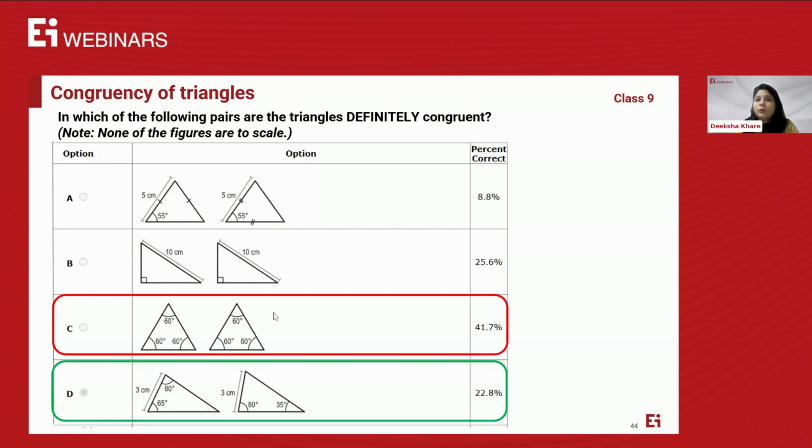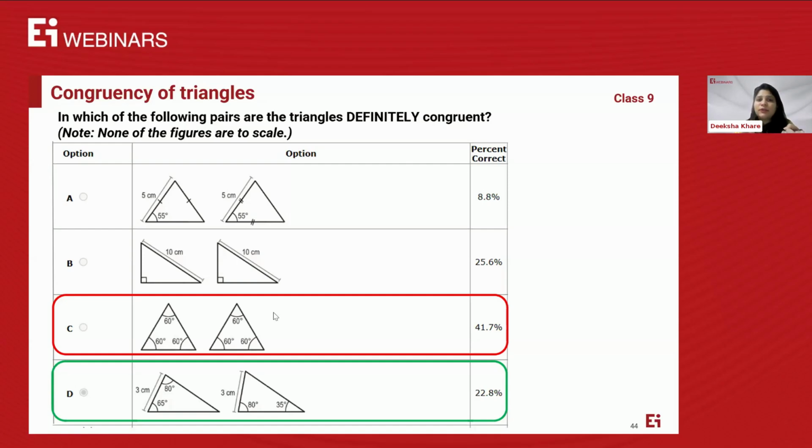But 41% students have gone for option C, which has all three angles 60 degrees, making students think that all equilateral triangles are congruent. Now, this is one of the major misconceptions students have, that all equilateral triangles are congruent to each other.